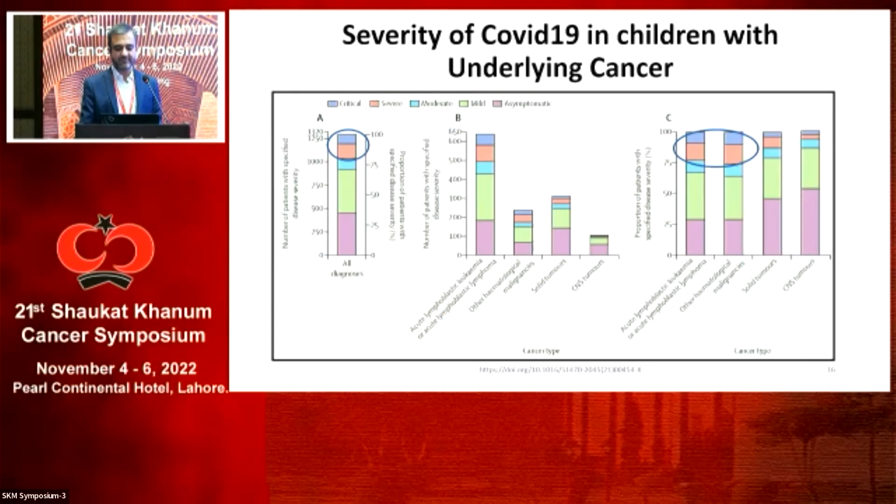So this is data from the Global Cancer Registry, and that shows that around 20% of COVID-19 positive children who had underlying cancer go on to develop severe or critical COVID, and the major diseases were hematological malignancies.